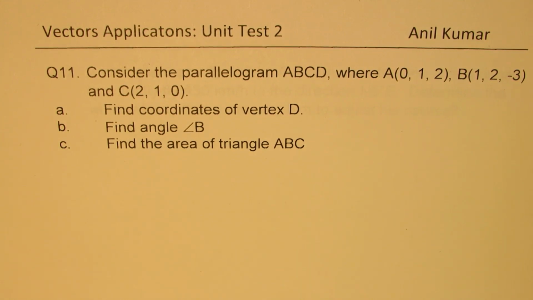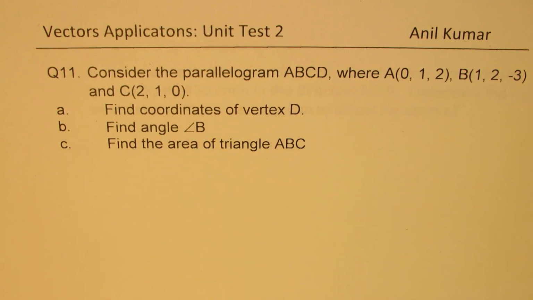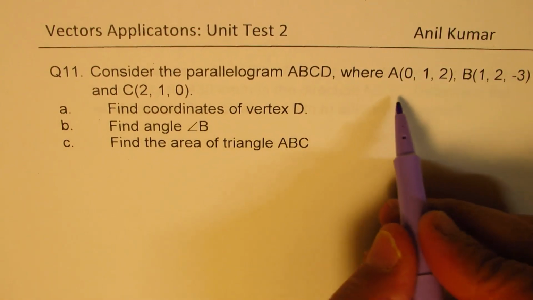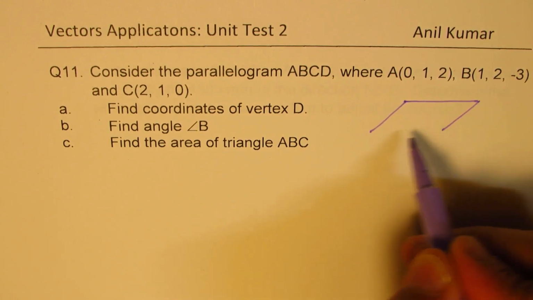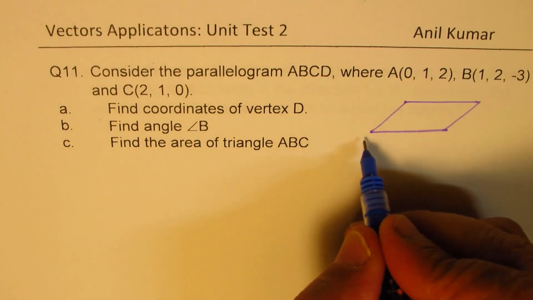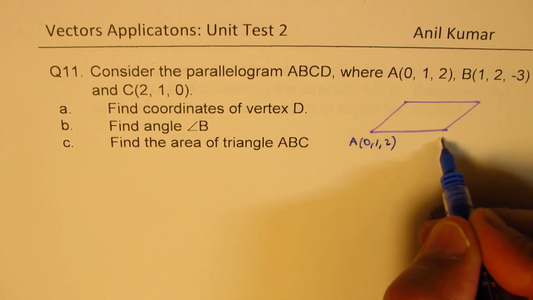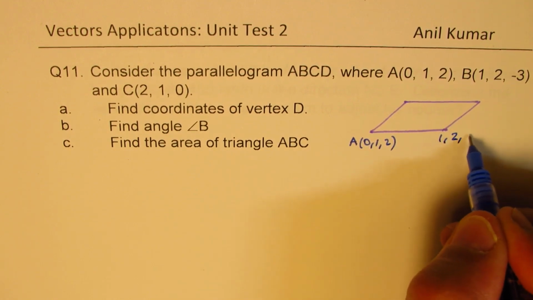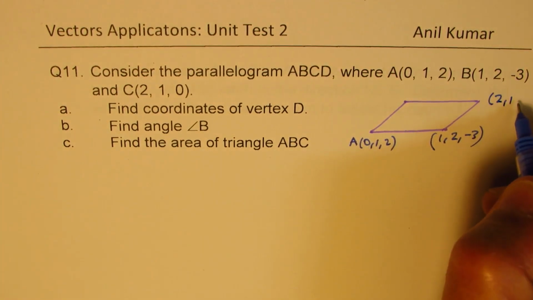Question number 11. Consider the parallelogram ABCD. So let's make one. Okay. So ABCD, where A is 0, 1, 2, B is 1, 2 and minus 3, and C is 2, 1 and 0.